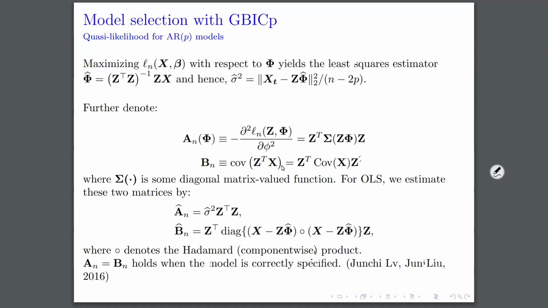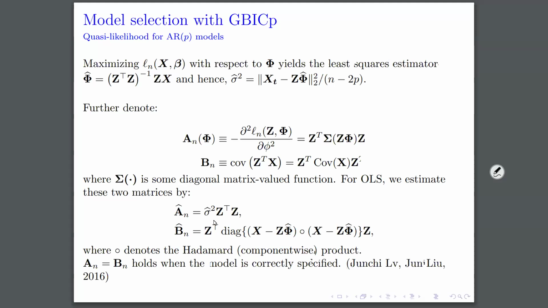So in an ordinary least square like setup, we can estimate these two matrices like this: A_N hat is equal to sigma hat squared times Z transpose Z, and B_N hat is equal to Z transpose times the diagonal matrix of the squared residuals times Z.